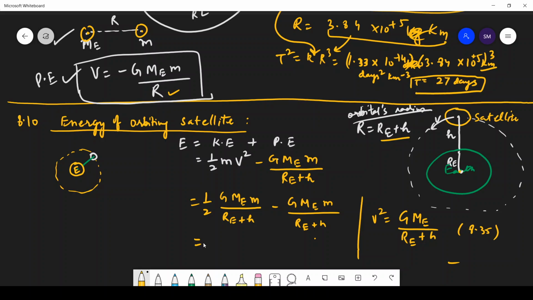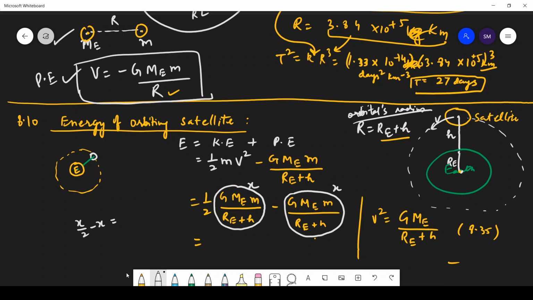Students, very important concept here. Understand this thing. You can assume this thing as X, because it's the same thing, isn't it? So what is X by 2 minus X?